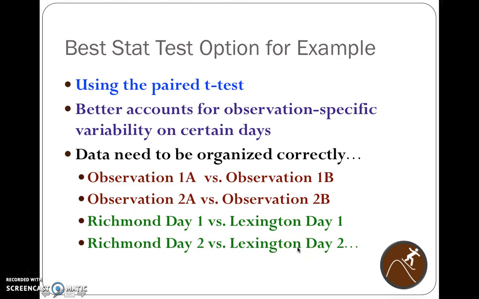If you just choose a bunch of data from Richmond and then lay it up against a bunch of data from Lexington without accounting for whether they came from the same day or the same time, you're not following the rules of the paired t-test. The paired t-test assumes that you have actual pairs and they're paired around some sort of event.